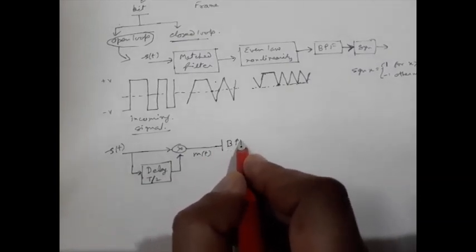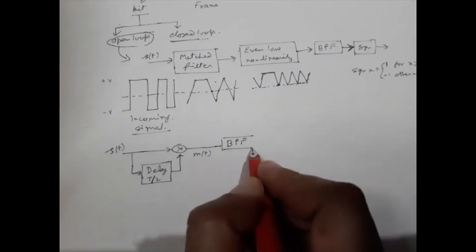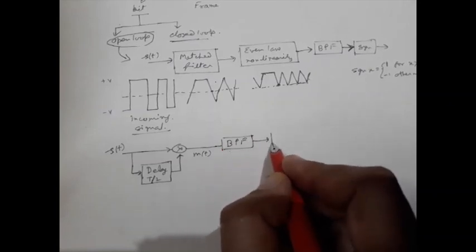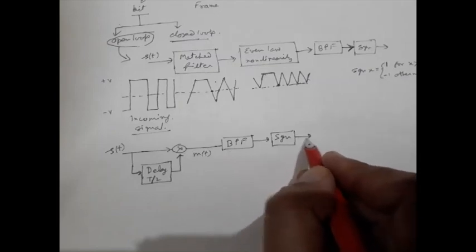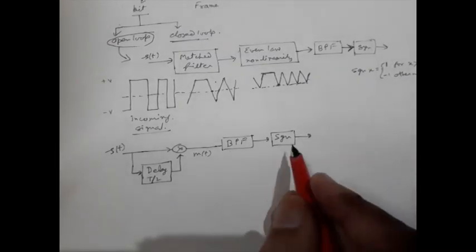Then we have a band pass filter, and we have the signal shaper circuit. It will produce the ultimate clock.